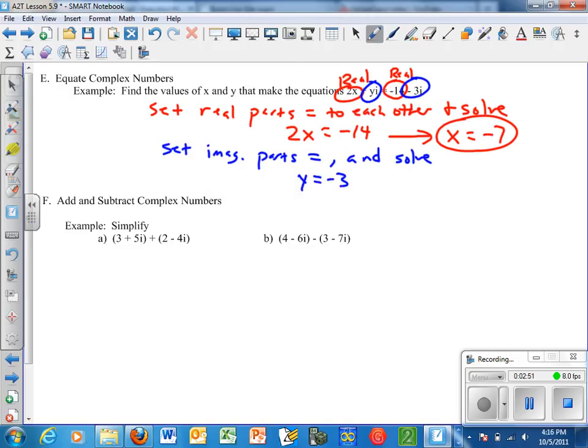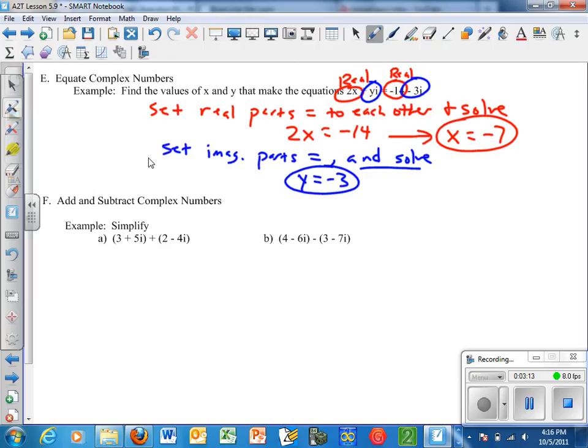Now I don't really need to put the i on there, just what's in front of i. So all I have is the y in front of the i on the left side, and I have the negative 3. Now, I say and solve, well this is already solved. Sometimes you might have to do a division like we had to do when we solved for x, but in this case, y has to be equal to negative 3. And that's it. You're just finding x and y.